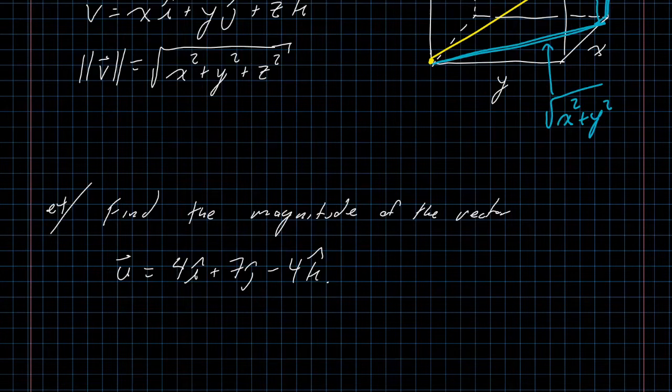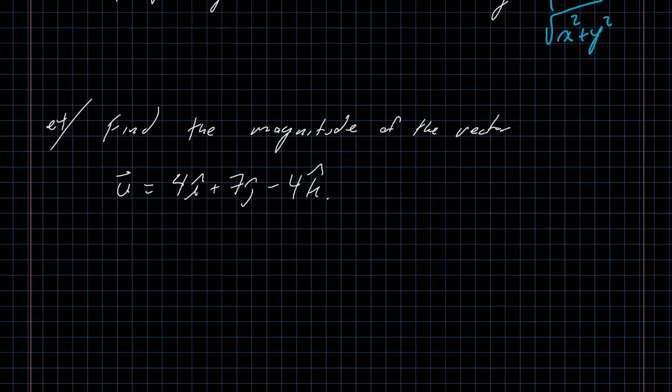All right. So here's something I would like you to try. Find the magnitude of vector u, which is 4i plus 7j minus 4k. That's something that we haven't directly talked about, but given everything that I've just discussed, you should be able to figure it out.